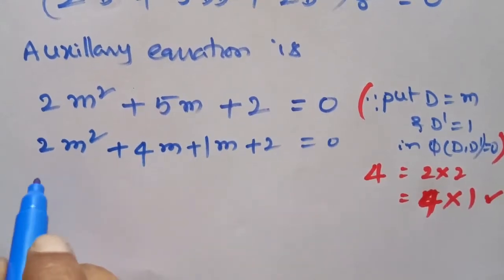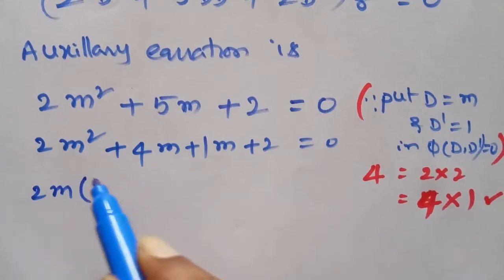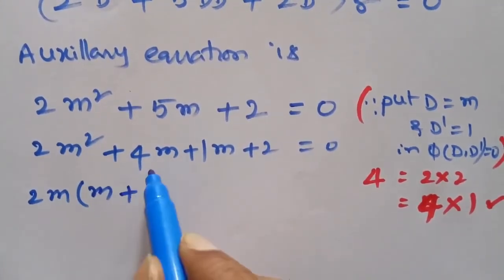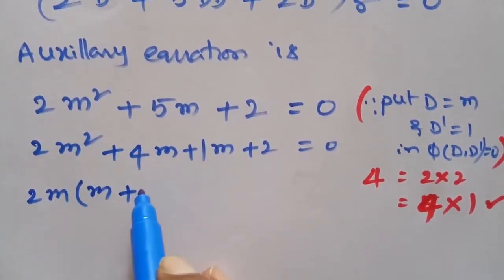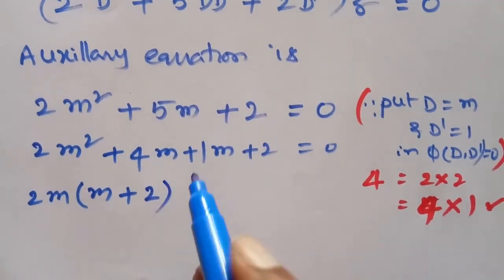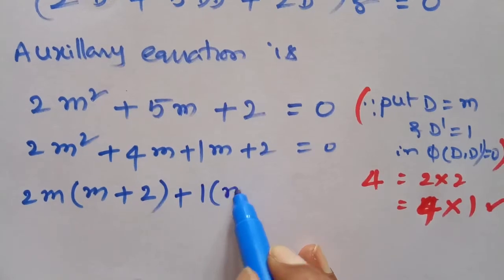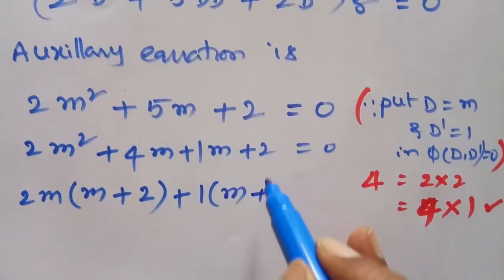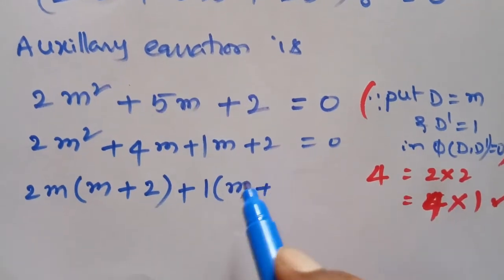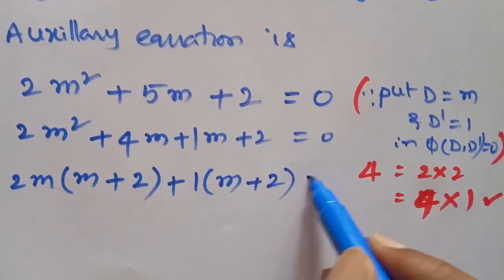Take out 2m as a common factor in the first two terms. The remaining factor is m plus 2, and here 1 is a common factor, remaining factor is m, and here 2 can be written as 2 into 1. Therefore, 1 is a common factor, and the remaining factor is 2, equal to 0.